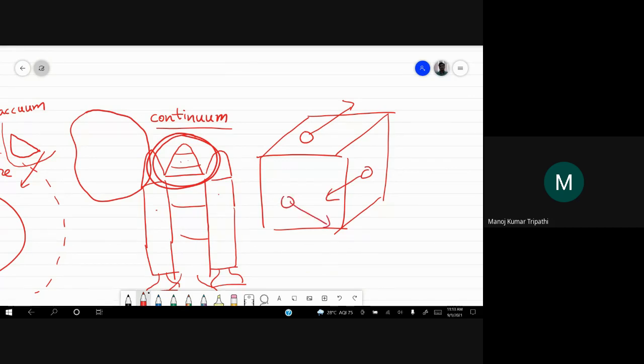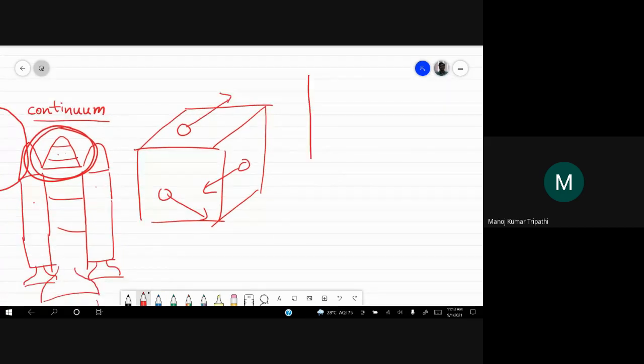So clearly, you are still not in the continuum regime. This is, let's say, the density that we plotted the other day, and this is the volume of this cube. Still, you are somewhere here. So volume is very low, so that the density is not clearly defined. The density is fluctuating a lot.